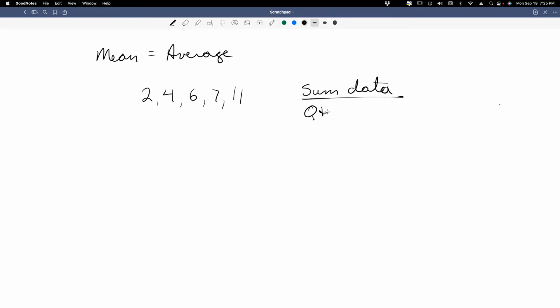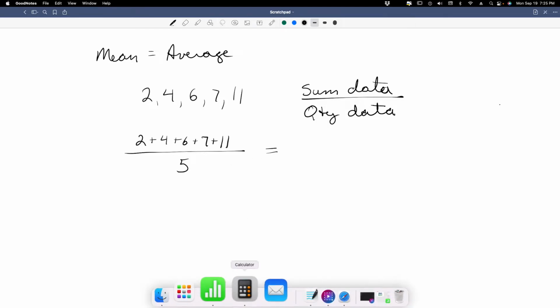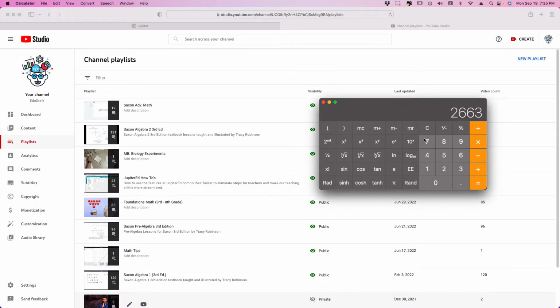So in this case, we have 2 plus 4 plus 6 plus 7 plus 11, right? There's 1, 2, 3, 4, 5 numbers. So that's the quantity. So we would divide whatever that sum is by 5. So if I bring up my trusty calculator here, 2 plus 4 plus 6 plus 7 plus 11 equals 30.